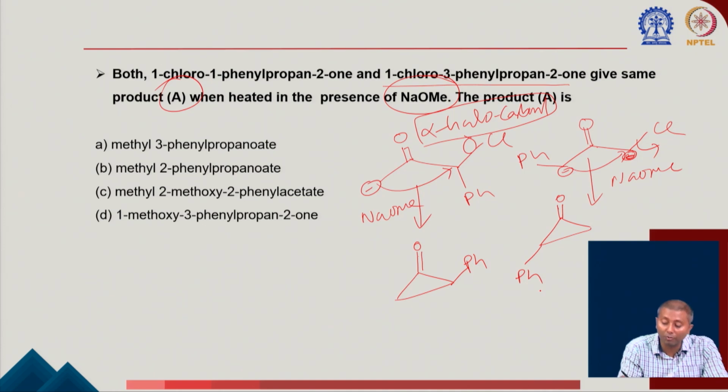Now what is the next step of the Favorskii reaction? The OMe minus is going to attack here on the cyclopropanone.